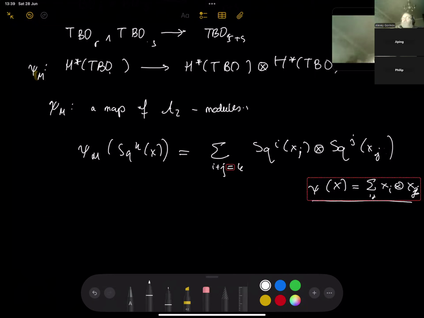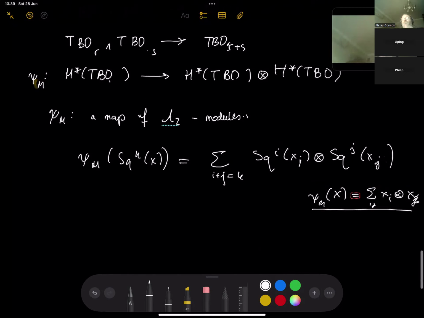So first we look where psi x maps, and then we apply SQ, and we get what's on the right hand side. And if we start with SQ of k, and we apply psi m, then using the Cartan formula, we get what's on the right hand side. So it is indeed a map of A2 modules.